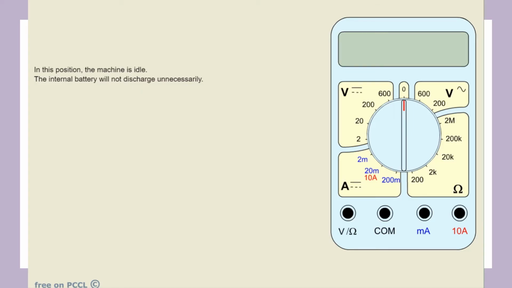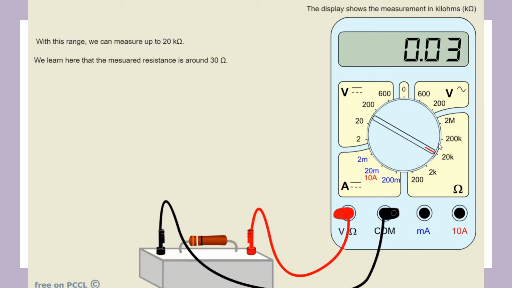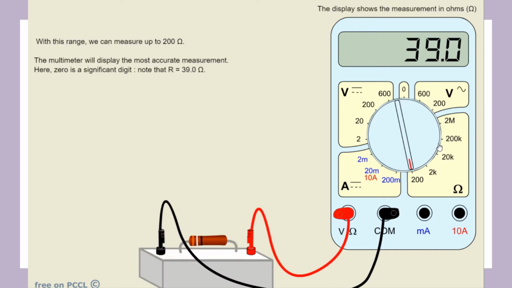So this is the multimeter. For me to use it as an ohmmeter, I need to use this section. So let me choose a scale, 20K, or we can use 200 ohm. So we can see that it is connected across a resistor. It is connected in parallel.